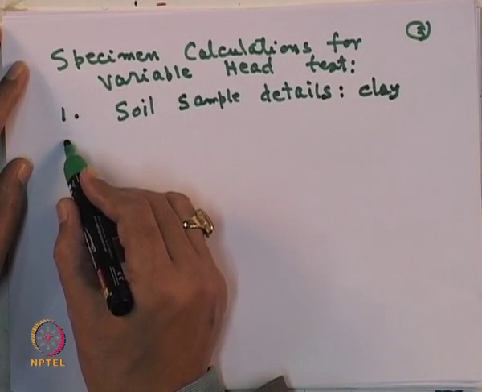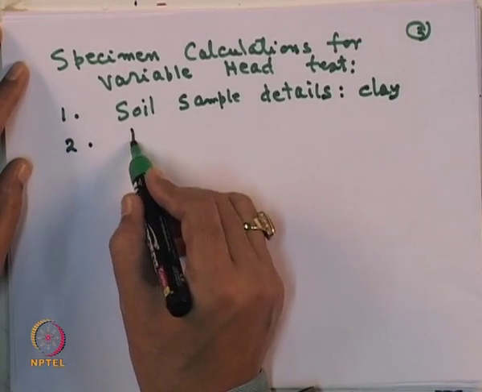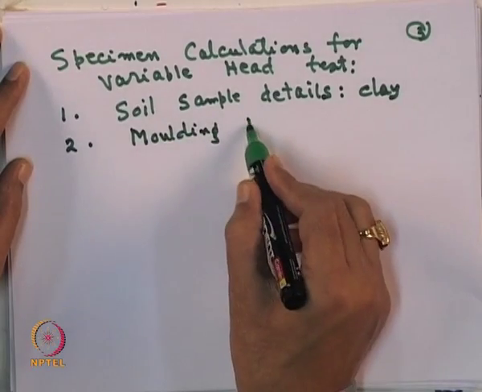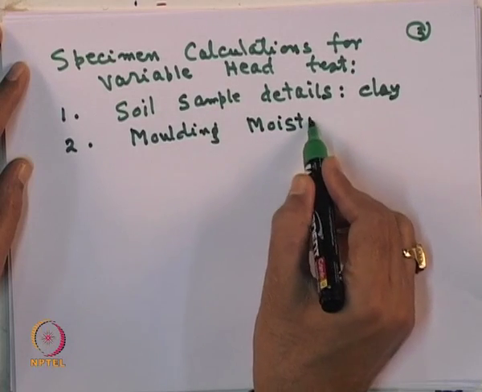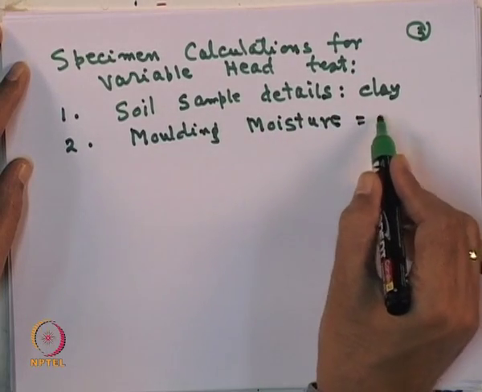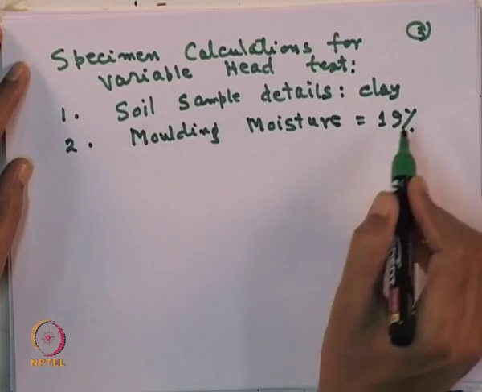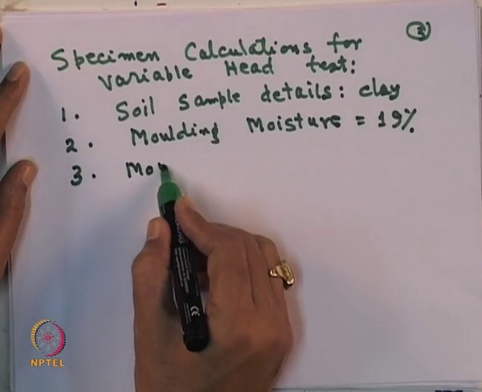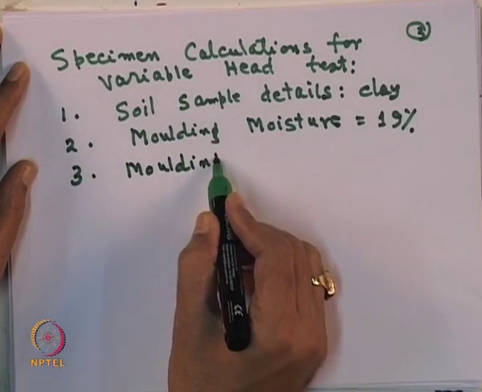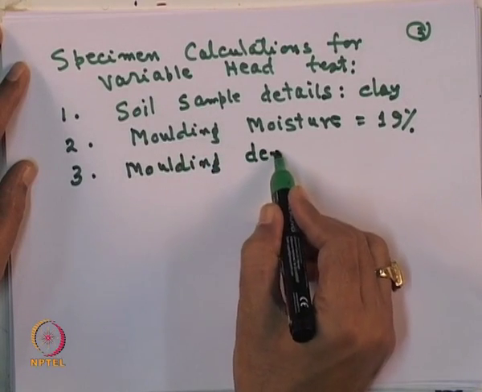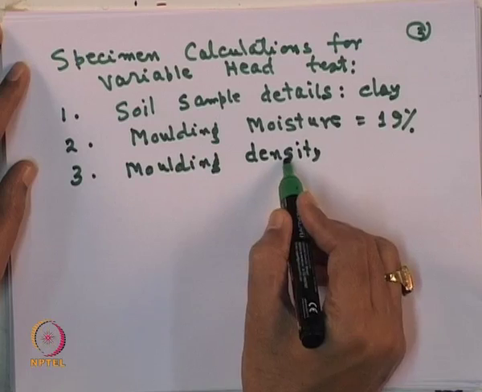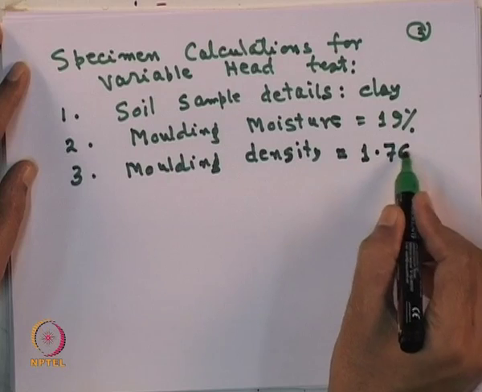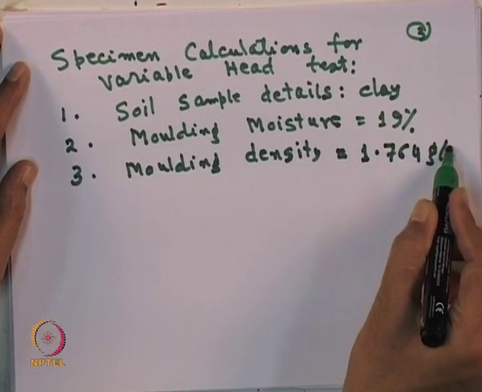Then you measure the molding moisture, let us say 19%, and then you calculate the molding density, which is equal to 1.764 gram per cc.